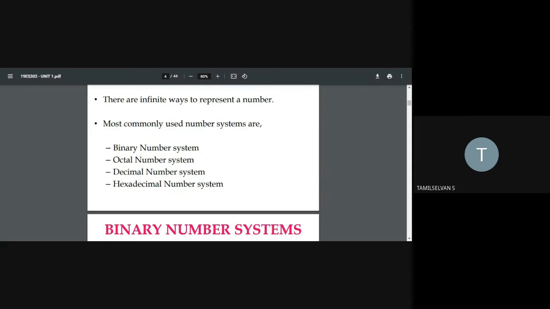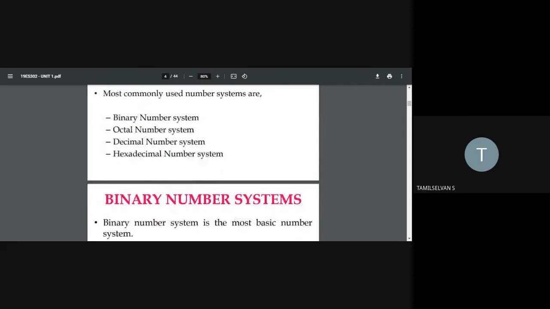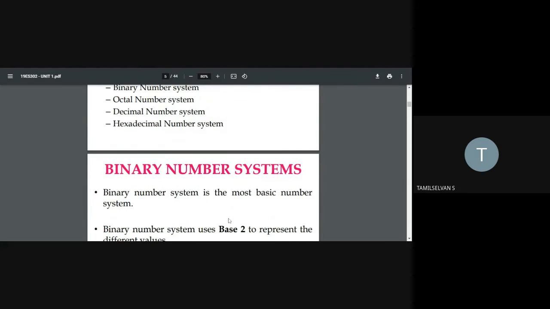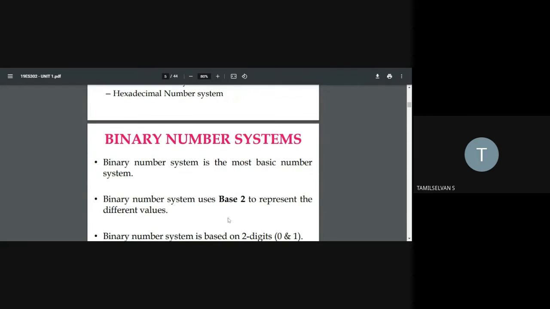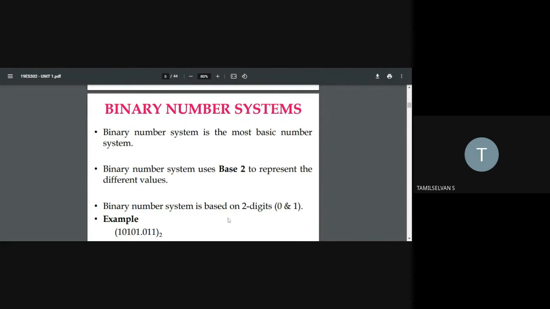Next I can move to the binary number system. The binary number system is the most basic number system with the base value of 2, that is zeros and ones.